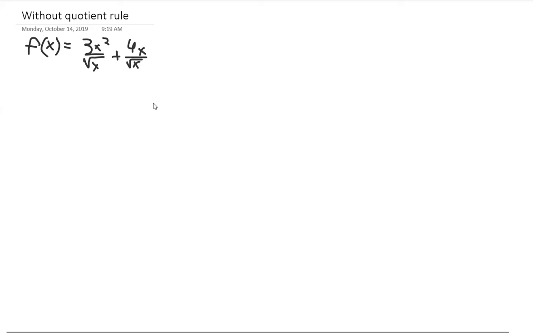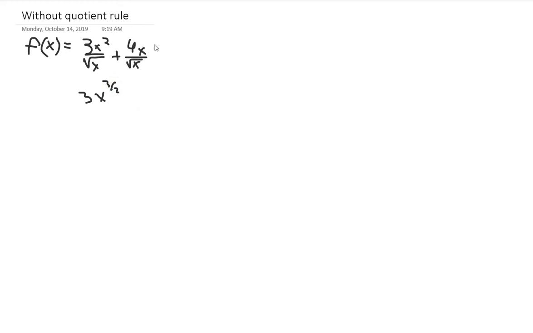Okay, so let's get into solving this. And this is a lot more algebra heavy than the quotient rule itself. So what's 3x squared divided by x to the 1/2? In other words, 2 minus 1/2. What's 2 minus 1/2? 3/2. 3x to the 3/2.